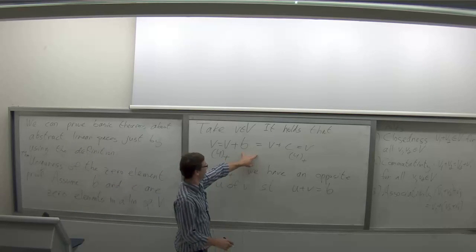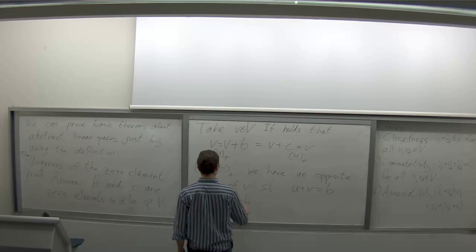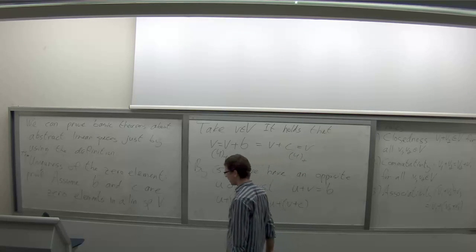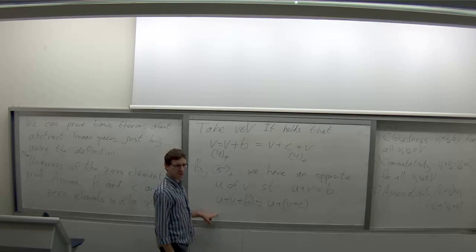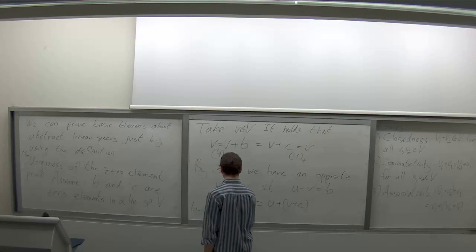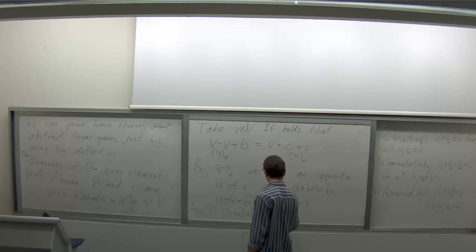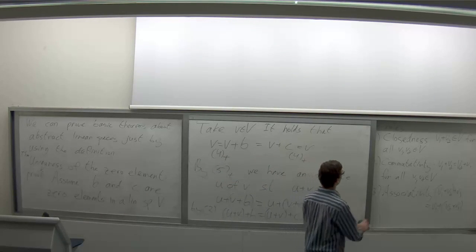Okay, so now add it here. U plus V plus B equals U plus V plus C. Now, by associativity, which is rule number 3, U plus V plus B equals U plus V plus C. Right?